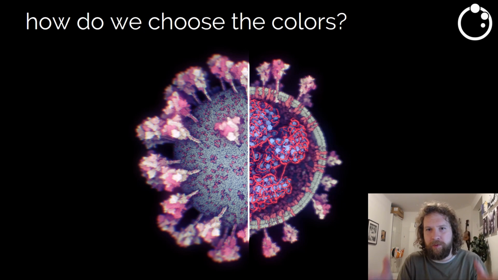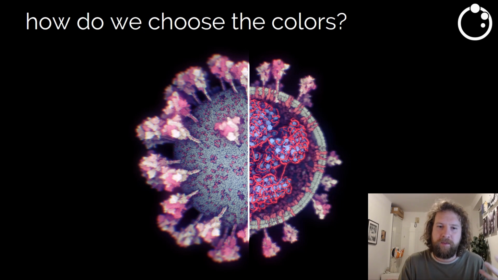And also these spike proteins on the outside, we show them in this vivid pink to signify that these are the parts of the virus that are actually doing something. All the parts are doing something, but these are the ones that are actually attaching to the cell and causing the virus to be swallowed by the cell. And they are also an important target for medications, because they can be recognized from the outside.